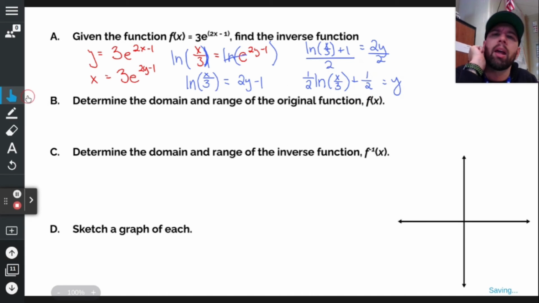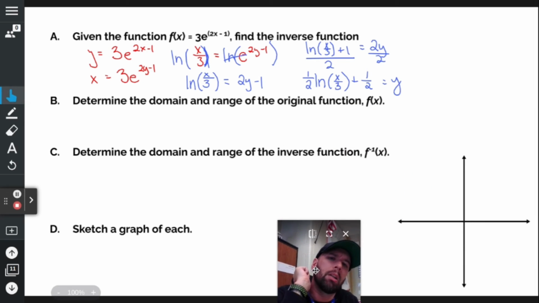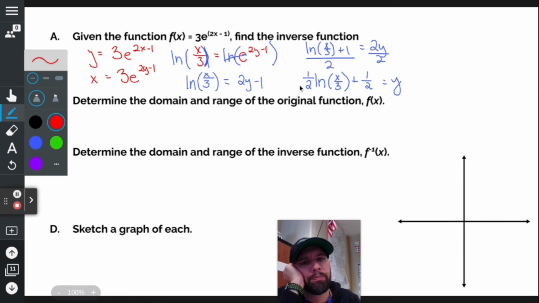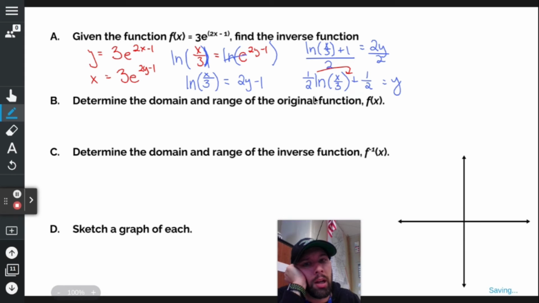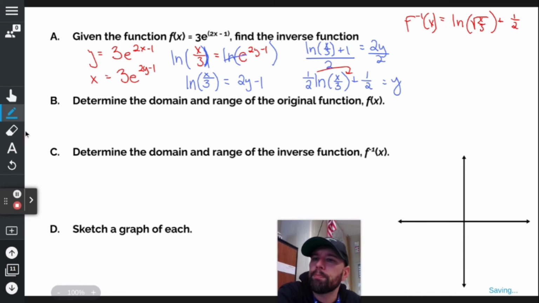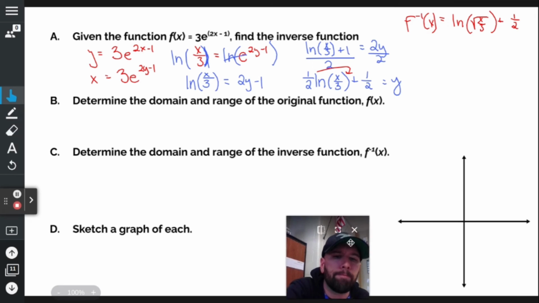Why didn't I leave that as over 2? Well, because that over 2 implies that ln has a coefficient, which means I'm going to make it an exponent. Now, an exponent of 1/2 is a square root. So now it becomes ln of the square root of x over 3, plus 1/2 equals y. Or I'll just call it f inverse of x. That's awful. That's just plain awful.